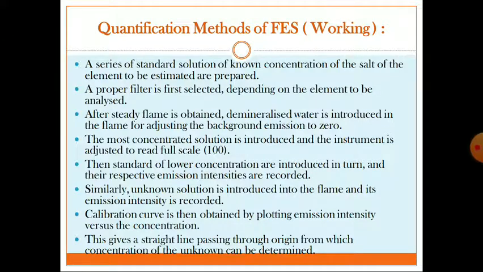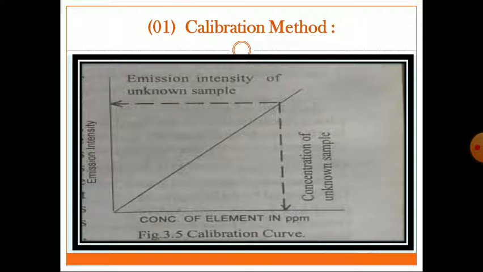Now we will see the actual graph of the calibration curve method. In this case, this is the y-axis and this is the x-axis. The x-axis denotes the concentration of the element in ppm, and this will be the emission intensity.